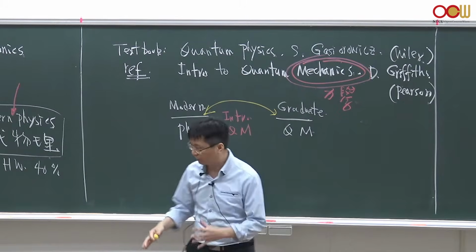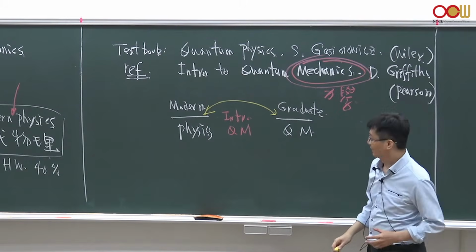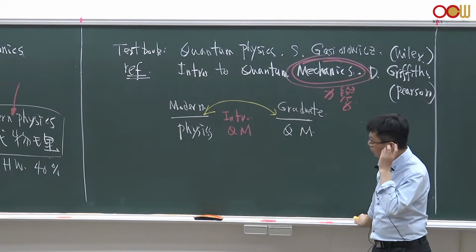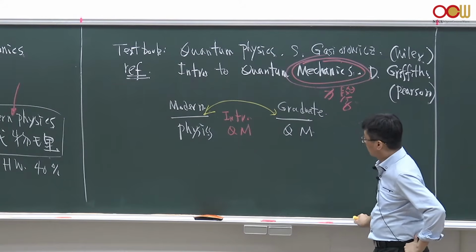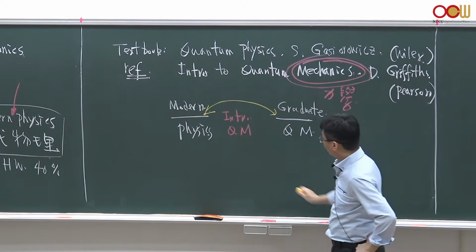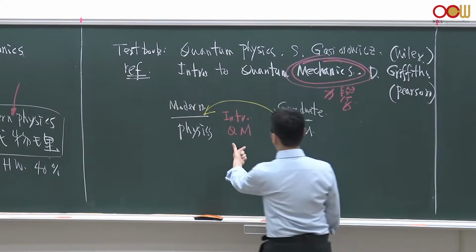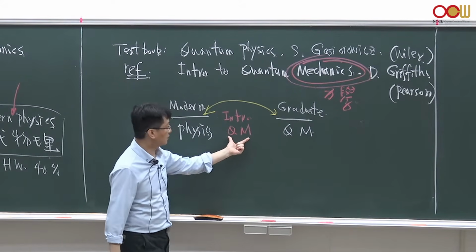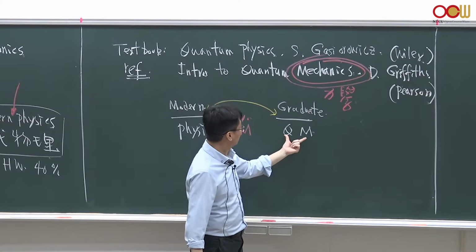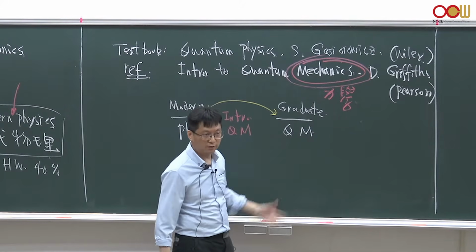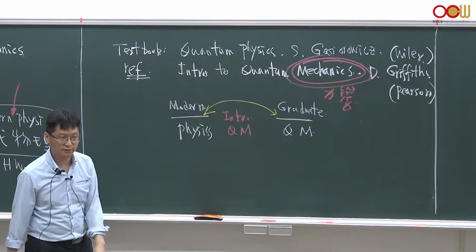Okay, and that's the role of this course, as a core course of our department, which is to introduce quantum mechanics to the undergraduate students. And once we know this elementary level of quantum mechanics, then it's easy for you to learn the more advanced graduate level quantum mechanics.